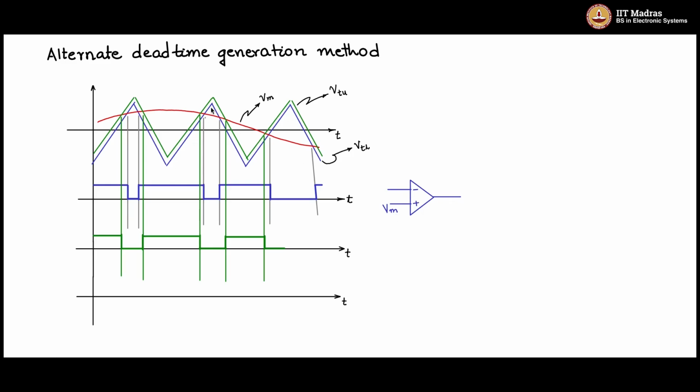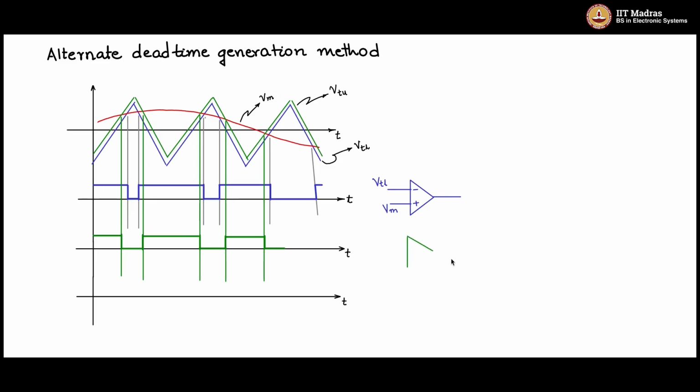The one which is in blue, and that is V triangle lower. And the output of this would represent this pulse width modulation waveform. Of course, this is clipped or clamped by a clamping circuit, which I will show later.